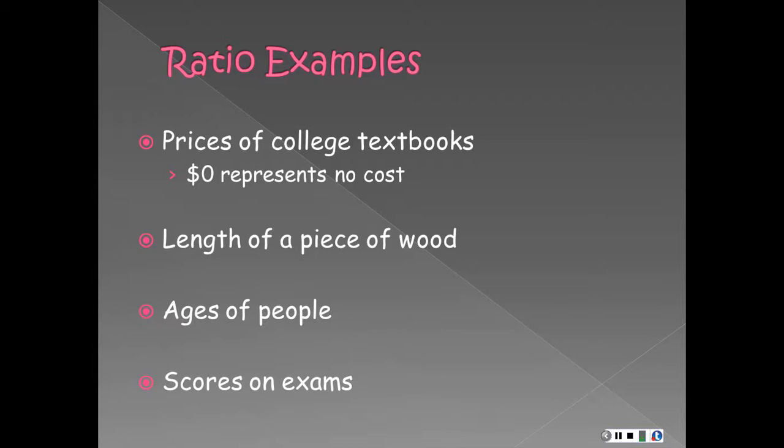So it's either going to cost you nothing or it will cost you something positive. Length of a piece of wood, you can't have a negative length of a piece of wood. Ages, you can't have a negative age, and the score on an exam also can't be negative. You can have a 0 or you would have something positive. So anything that can't be negative is ratio.